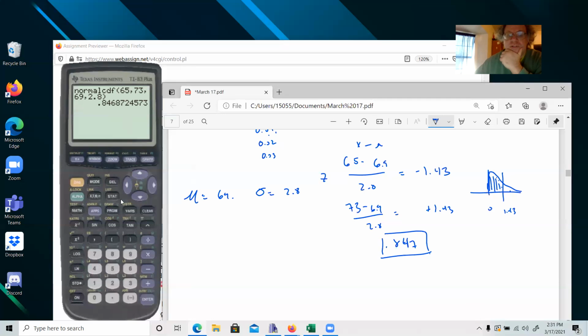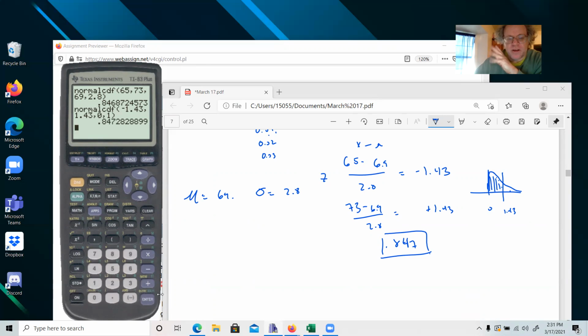At the very worst, you can do the Z transformation, and we go to second function distribution, normal CDF. Now remember that this is for a mean of 0 and a standard deviation of 1. So we're going from negative 1.43 to positive 1.43, with 0 and 1.